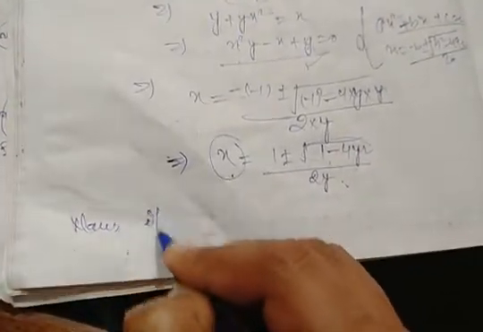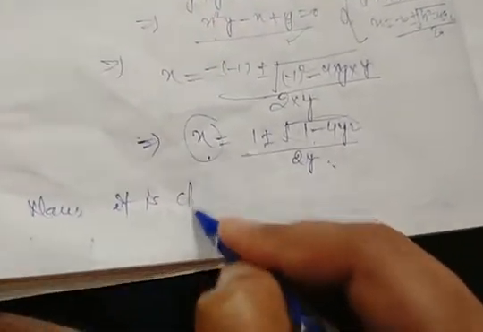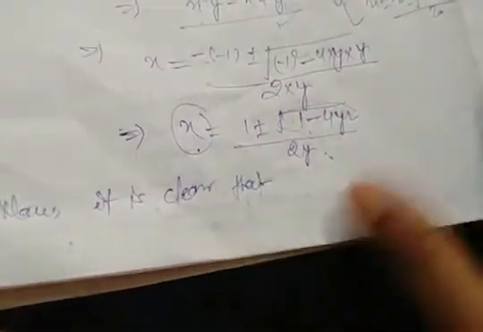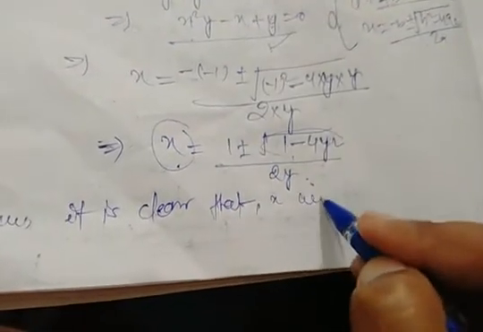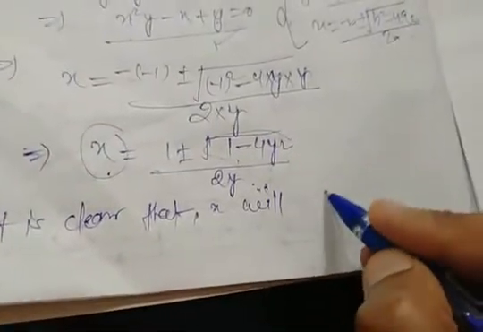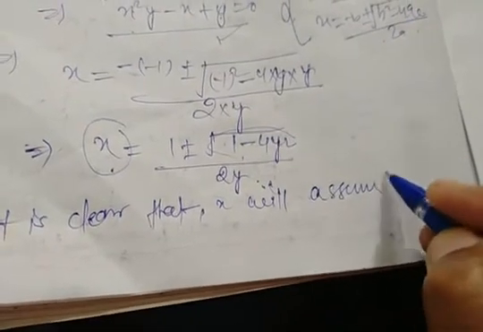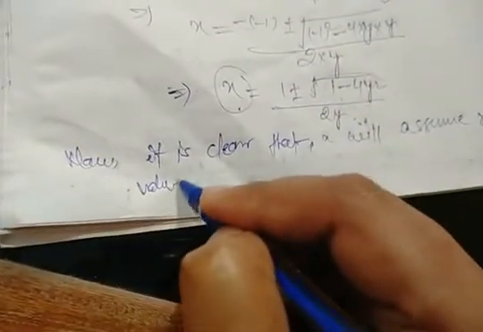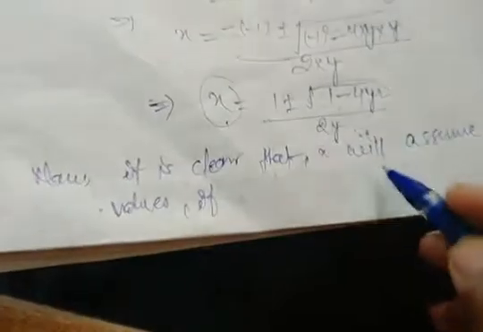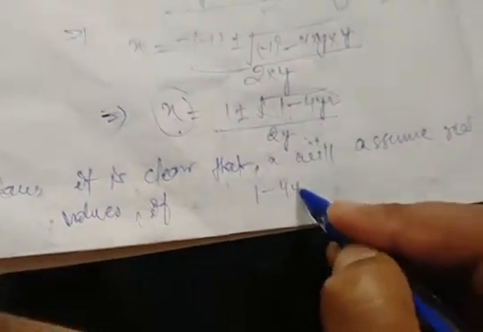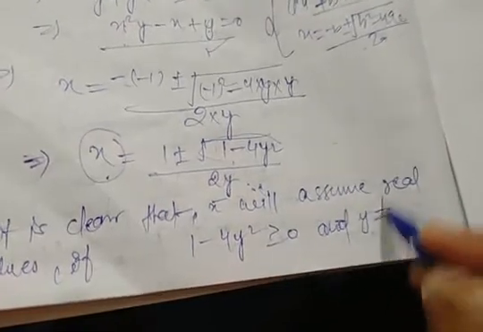So it is clear that x will assume real values when 1 minus 4y square is greater than or equal to 0 and y does not equal 0, right?